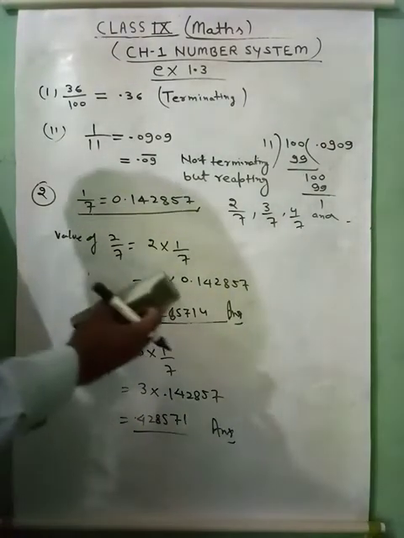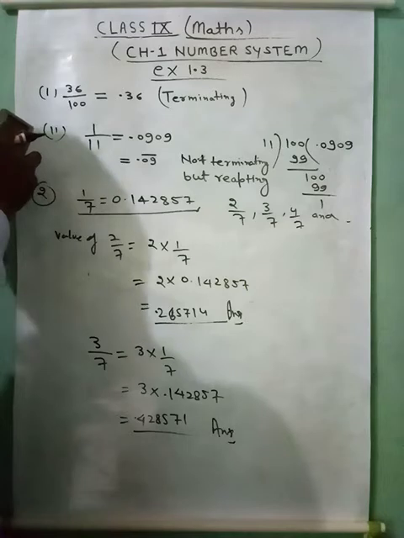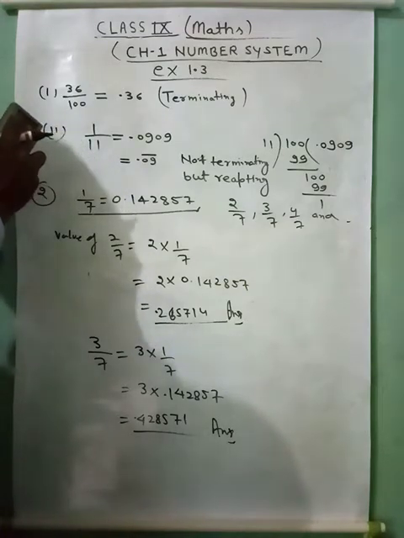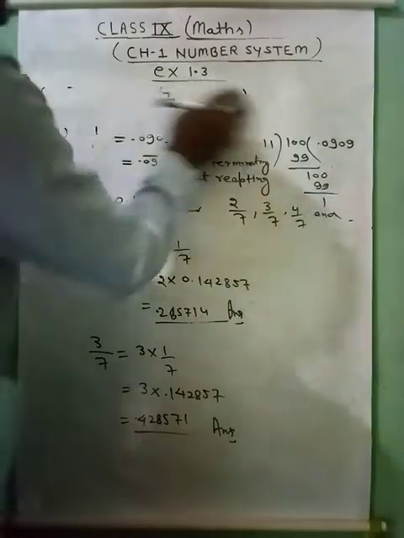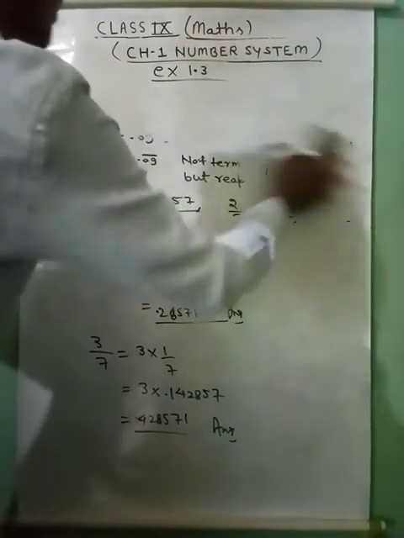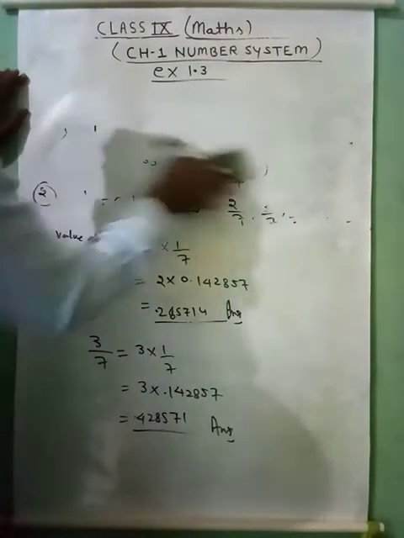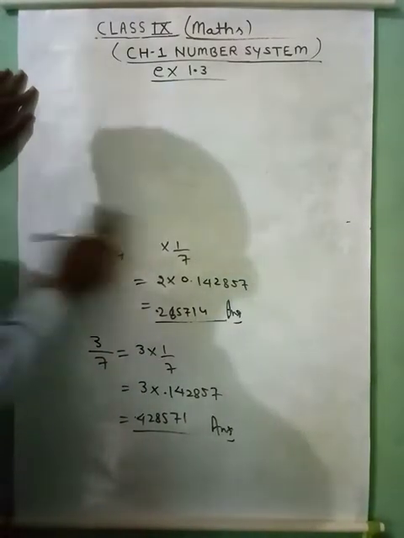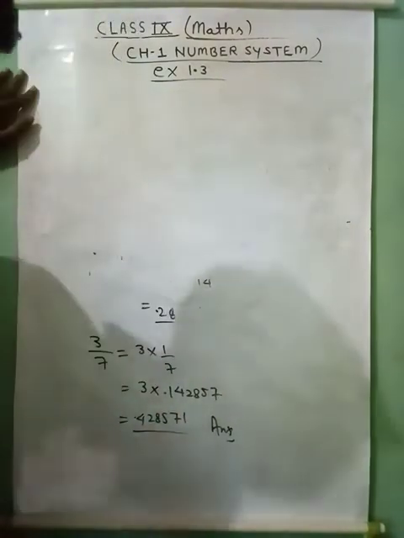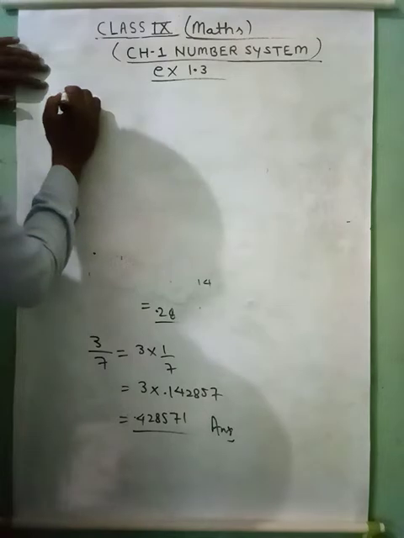Question number 3. We have to find the following decimal number in the form of P by Q, like 0.6 bar.